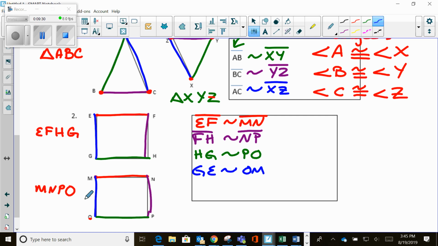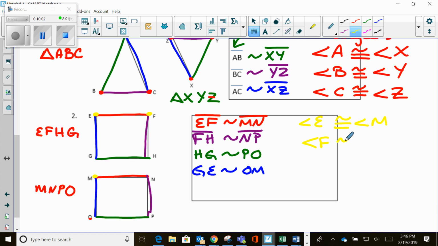So now we have to identify the angles. Angle E is congruent to what angle? M. Good, they're in the same position. Angle F would be congruent to what angle?